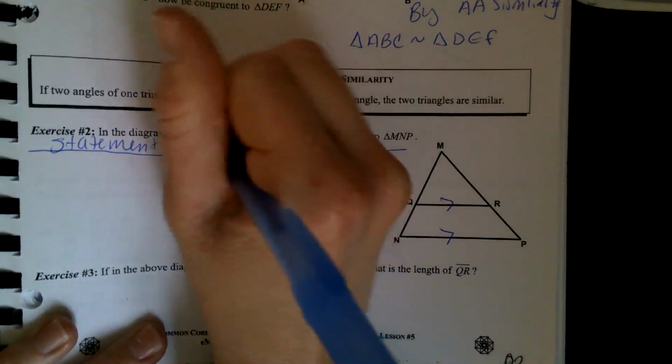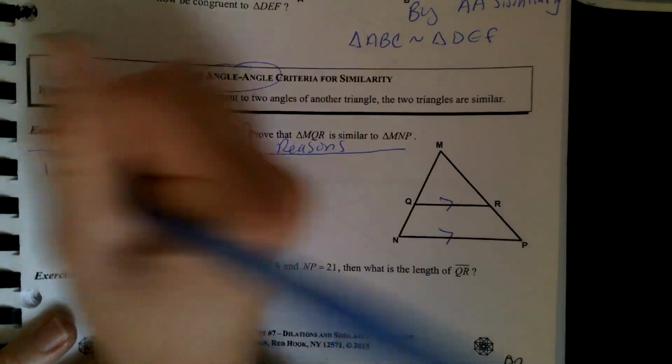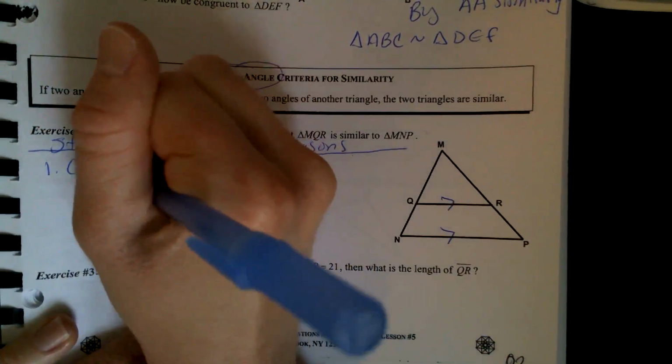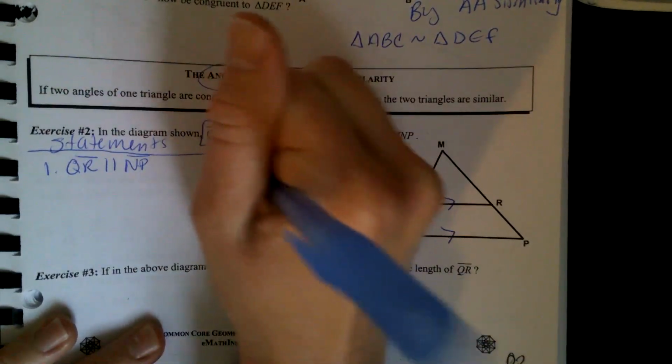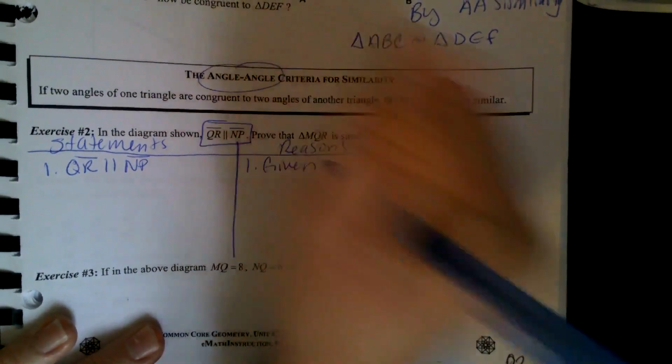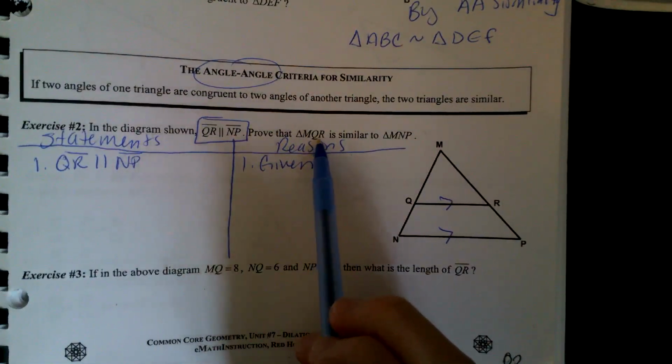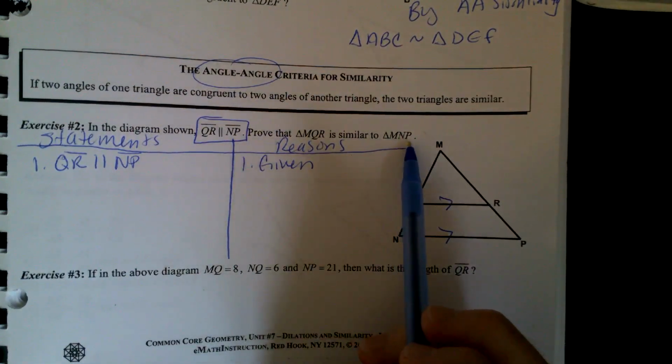Okay, so this is what we are given. So QR is parallel to NP. Now we want to prove that triangle MQR is similar to triangle MNP.